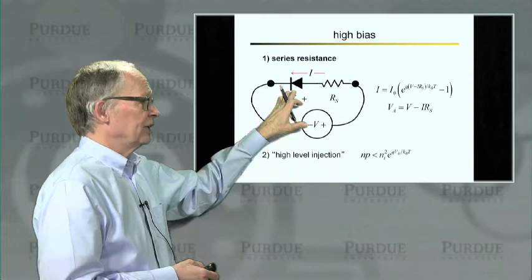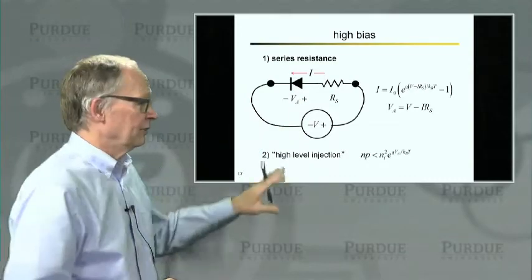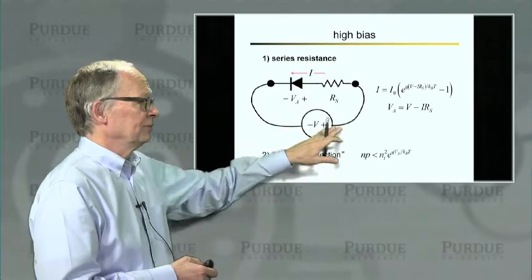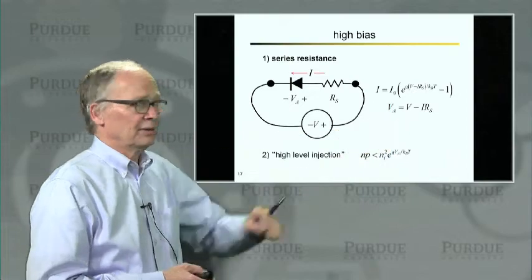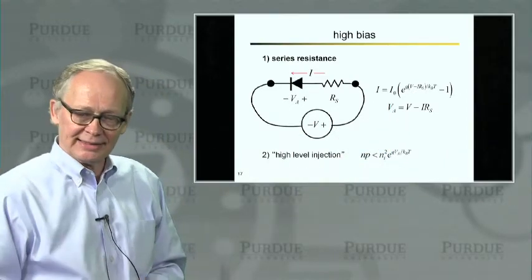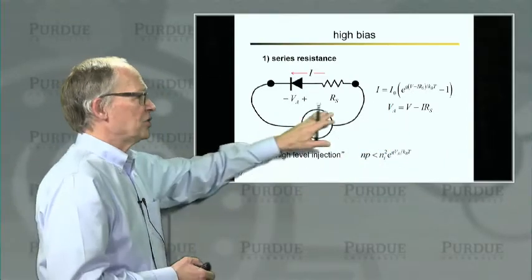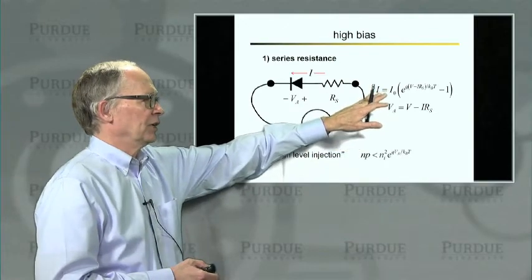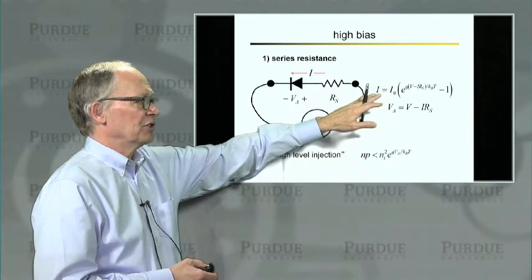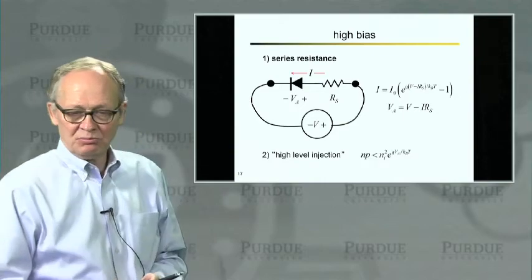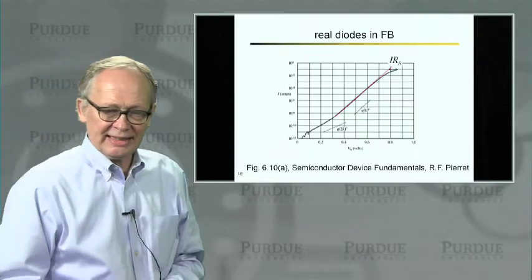The actual voltage that gets into the diode will not be the voltage that I applied. It'll be less, by the amount of the drop across that series resistor. So I just need to fix my ideal diode equation by using the right voltage. Okay, so that's relatively easy to understand.